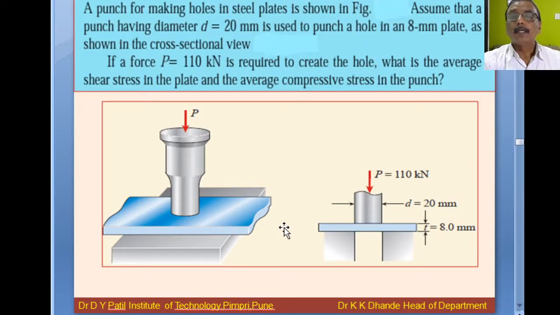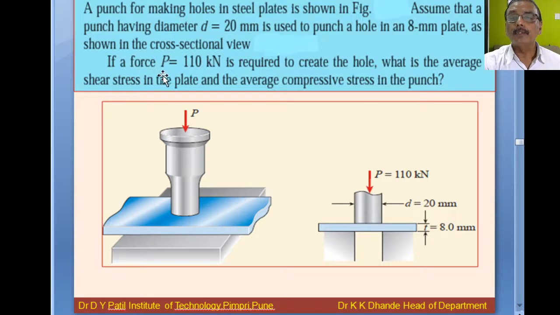Now come to the next numerical. A punch for making holes in a steel plate, as shown in the figure. Assume that a punch having a diameter D equal to 20 mm is used to punch a hole in an 8 mm plate, as shown in the cross sectional view.